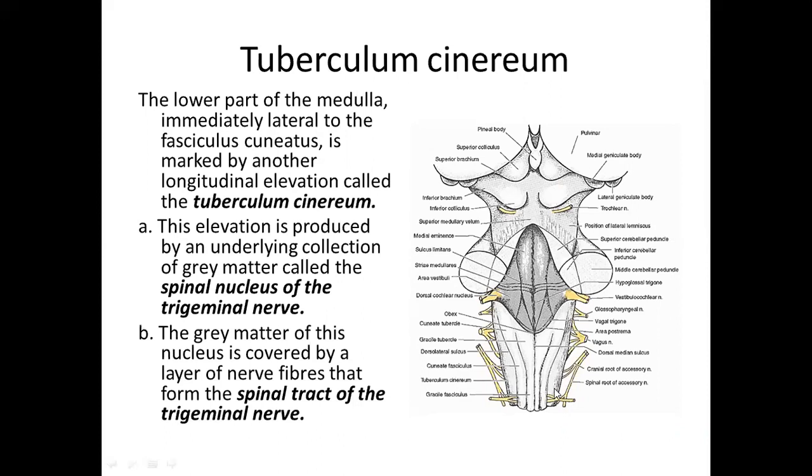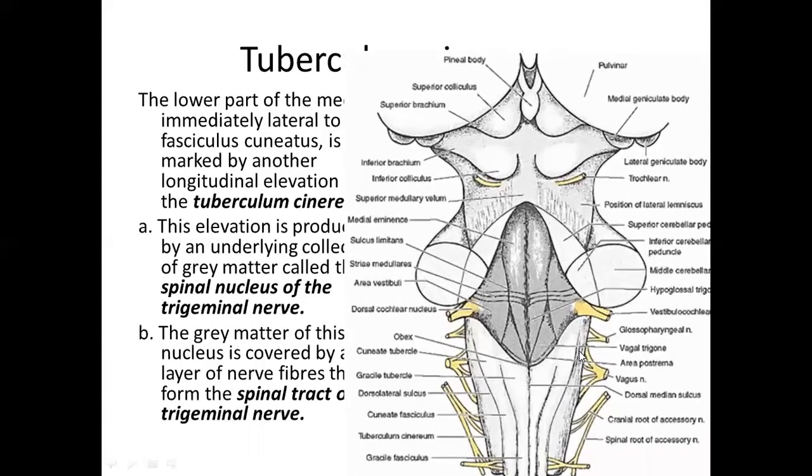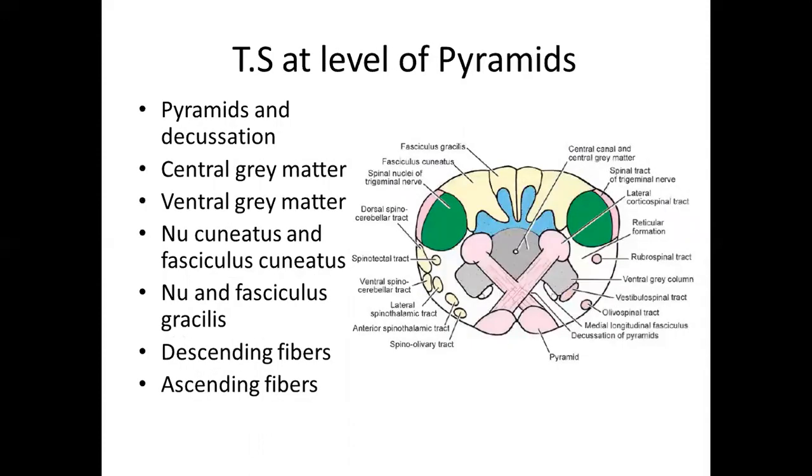The gray matter of this nucleus is covered by the spinal tract of the trigeminal nerve. Over here you can see the tuberculum cinereum, covering the spinal nucleus of the trigeminal nerve, and underneath it is the gray matter corresponding to the spinal nucleus of the trigeminal nerve. Now, firstly, we'll start with the internal features.